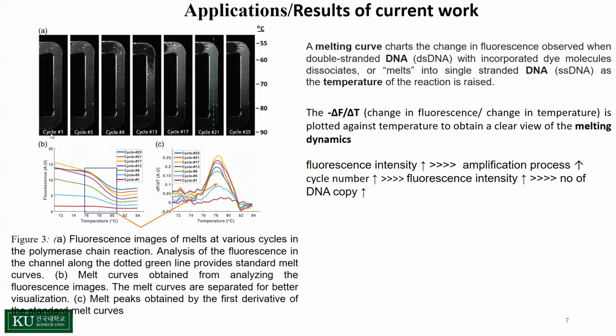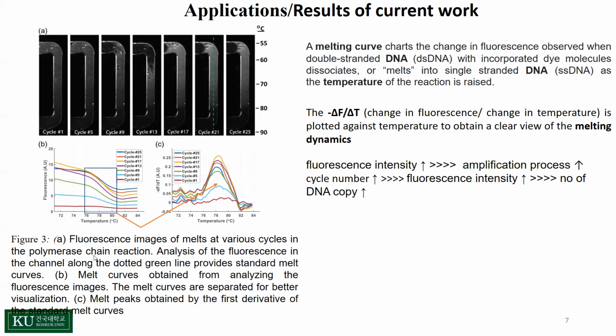So we can summarize in figure B and C here. Fluorescence intensity will gradually decrease from 78 to 80 seconds. It is clearly indicated in figure C that a clear change has been seen easily. So we can consider the melting curve here.